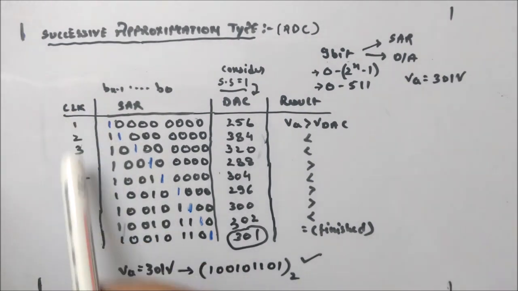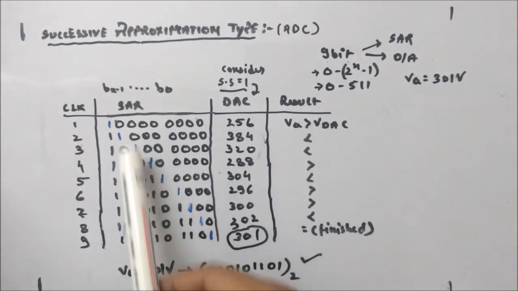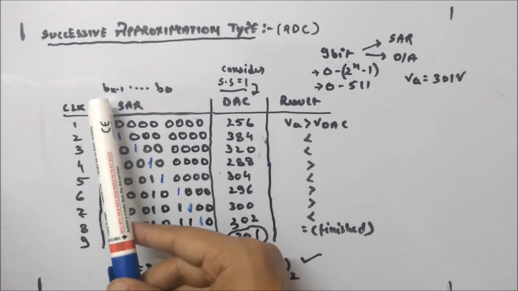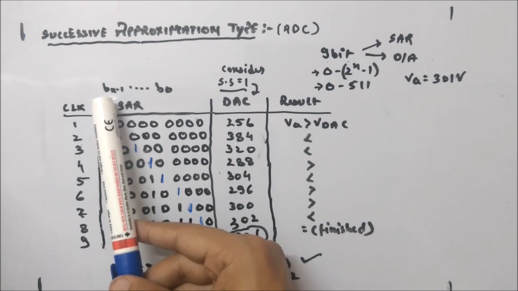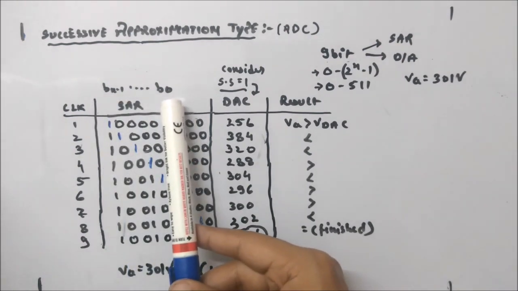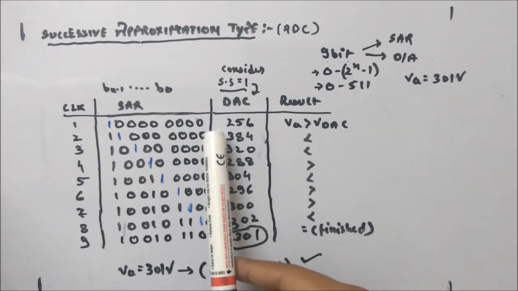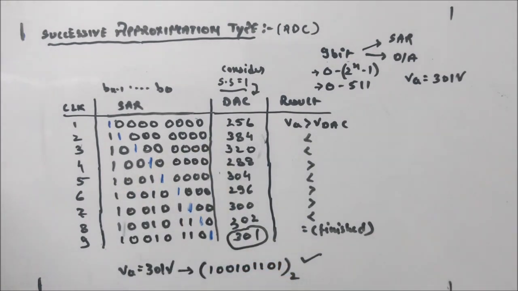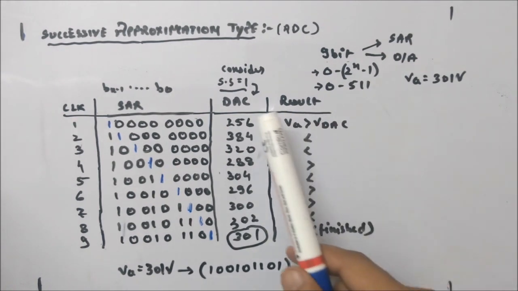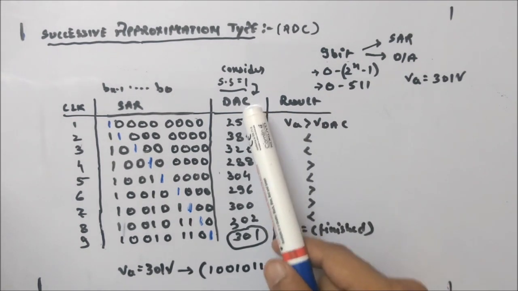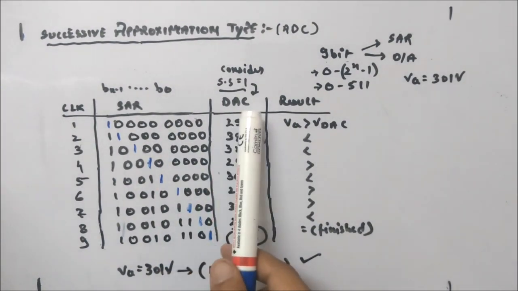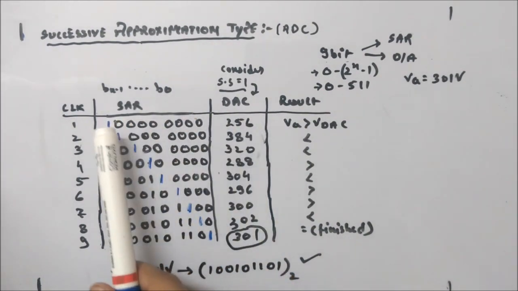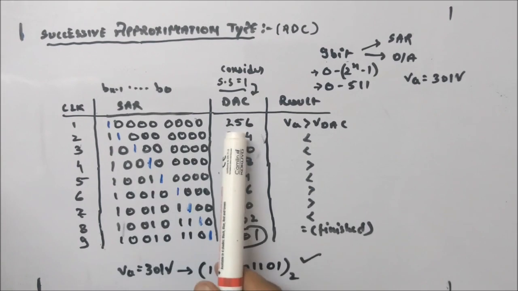Here I have mentioned this column is clock, this is SAR bits, so this is the most significant bit Bn minus 1, and this is B0, the least significant bit. Here the DAC is giving the analog equivalent of the SAR bits.